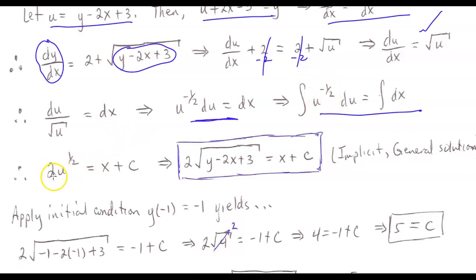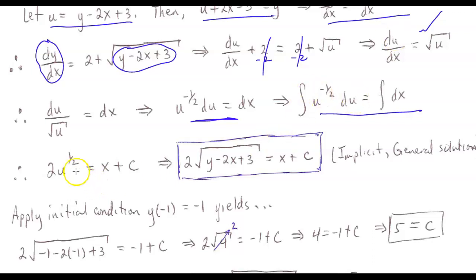Then we're going to get 2u raised to the 1/2 equals, and the antiderivative of 1 with respect to x is just x. And since both of these are indefinite integrals, we know that both of them have an integration constant, but for simplicity, we just put it on the right-hand side.